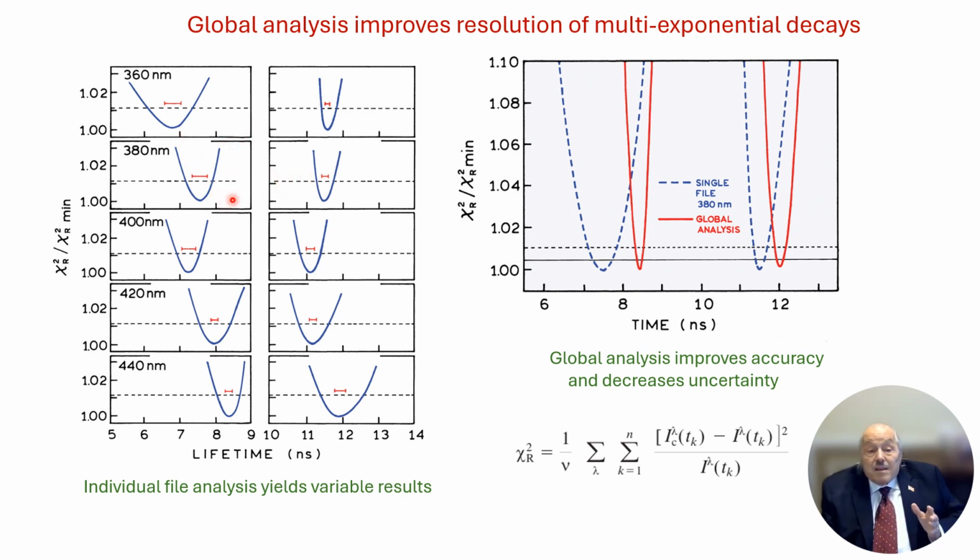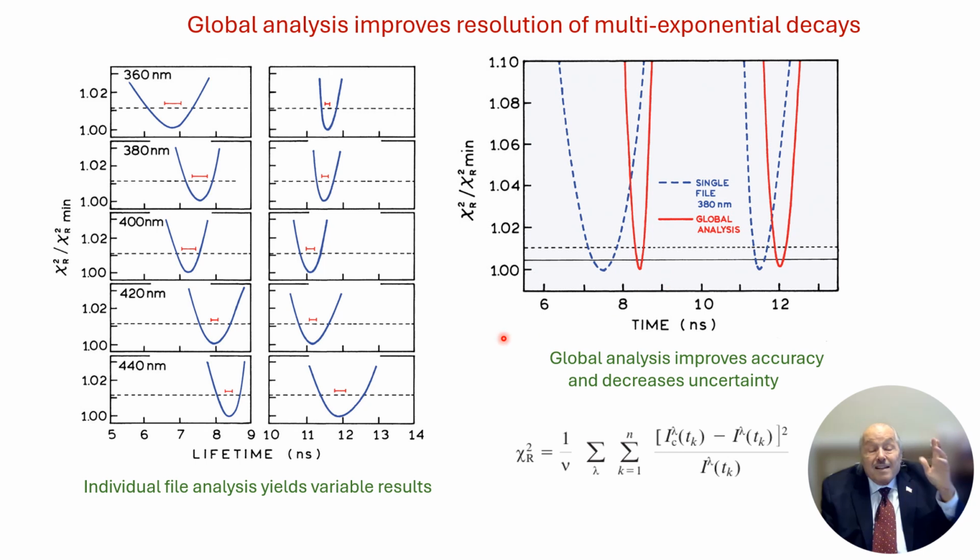But this uncertainty is broken down when you do the global analysis, because here's one of the single file fits, and here's a fit that we did that said there have to be two lifetimes, but the amplitudes can be anything, and as you can tell, it greatly improves your measurements.